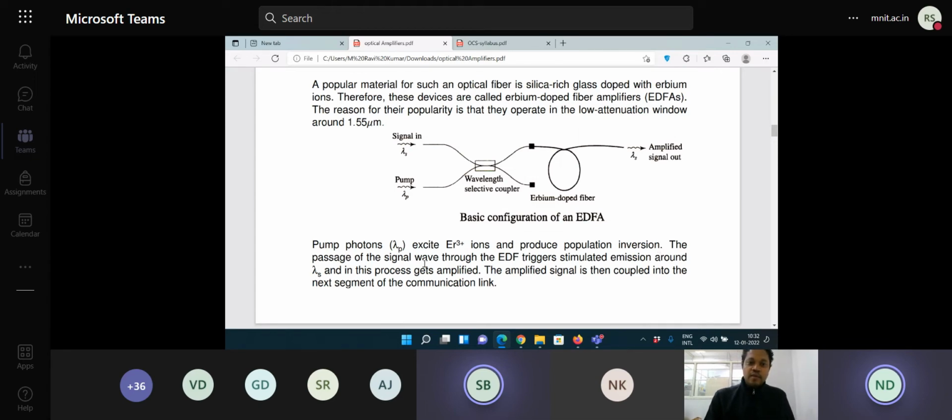When the optical signal of wavelength lambda s passes through this EDFA, stimulated emission is triggered, and the de-excitation of the erbium ions causes an emission at a wavelength of lambda s.